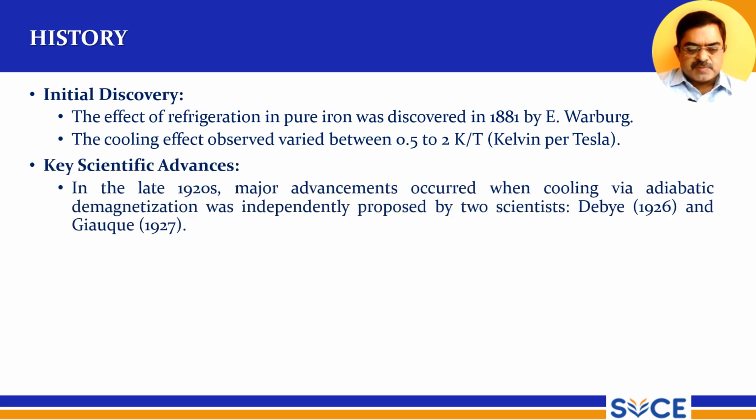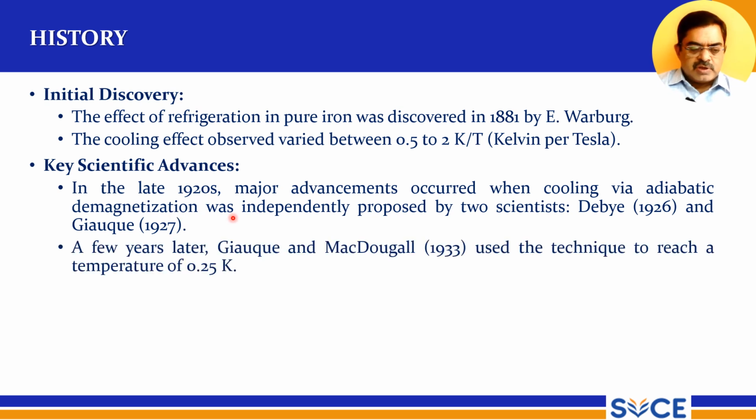Key scientific advancements took place in the late 1920s, and major advancements occurred when cooling via adiabatic demagnetization was independently proposed by two scientists, Debye and Giauque. So these two scientists independently proposed the adiabatic demagnetization process. A few years later, Giauque and MacDougall used the technique to reach a temperature of 0.25 Kelvin.